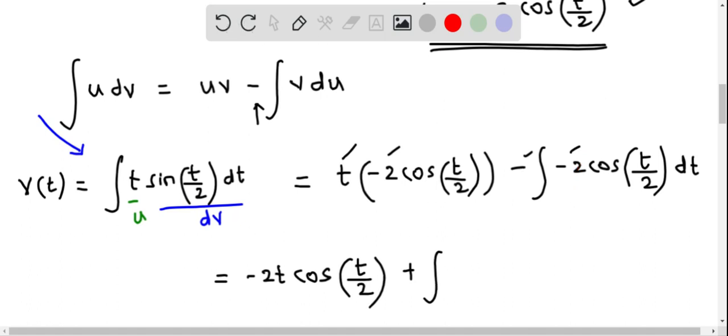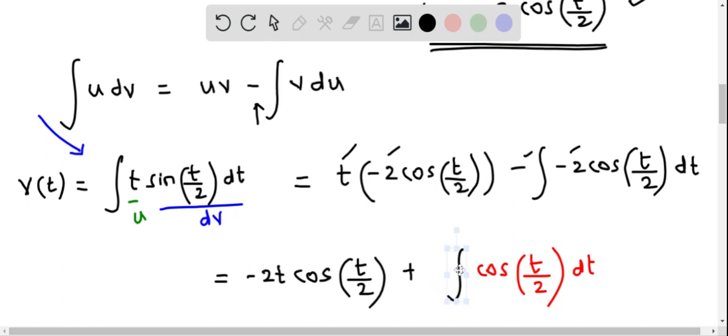So we have 2 times cos of t by 2 dt. In fact, we can take this 2 out of this integral, so I'm going to remove it from inside the integral and put it in front of the integral.